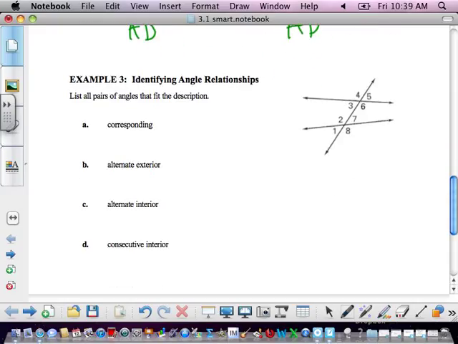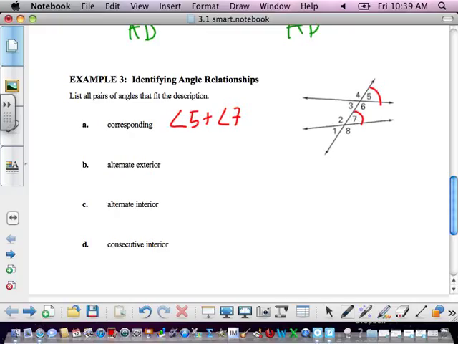Okay. We're going to list all the angles that are corresponding. Corresponding means they're either both on top on the same side of the transversal or both on the bottom on the same side of the transversal. So I'm going to start. 5 and 7 are corresponding. That means they're congruent to each other.